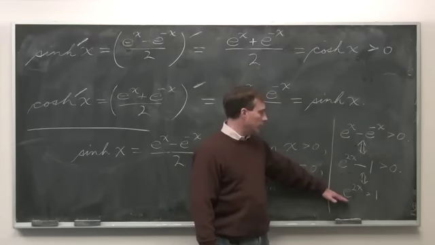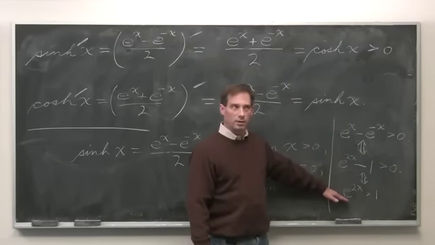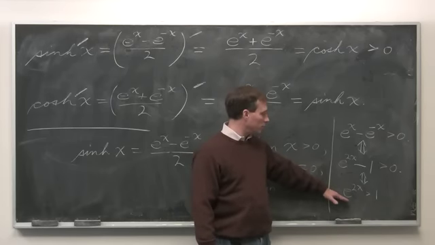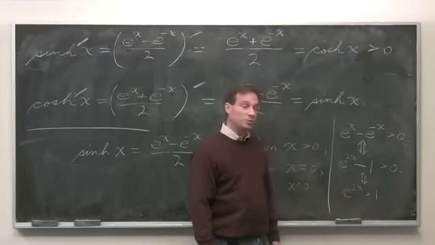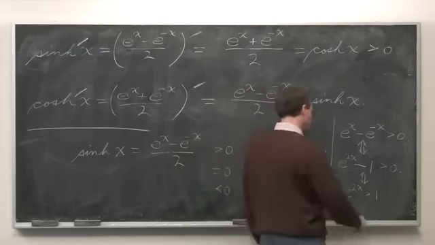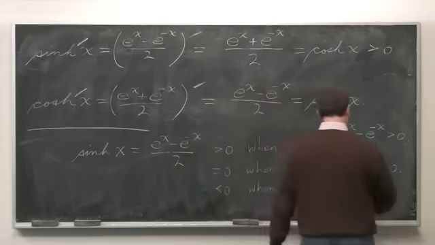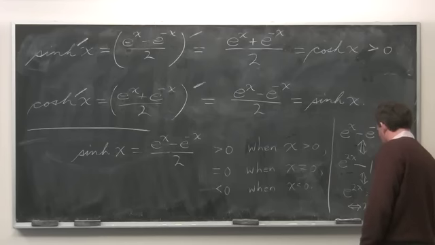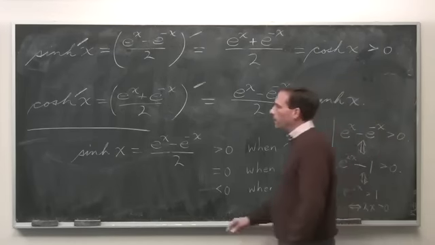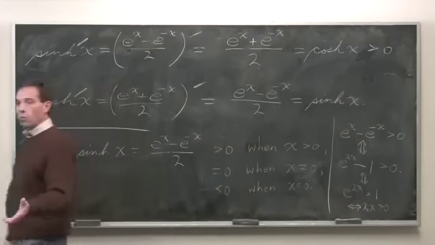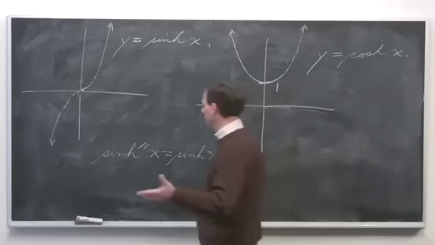But we know when e to something is greater than 1. When is e to an exponent greater than 1? When the exponent is greater than 0. So this is if and only if 2x is greater than 0, but that's the same as x being greater than 0. So what does this give us?